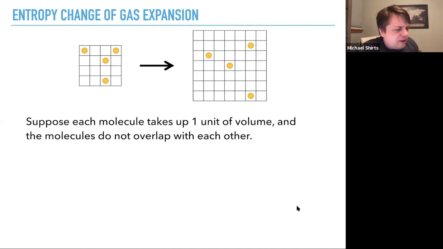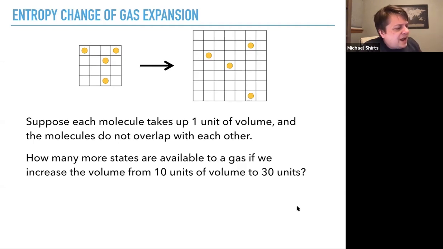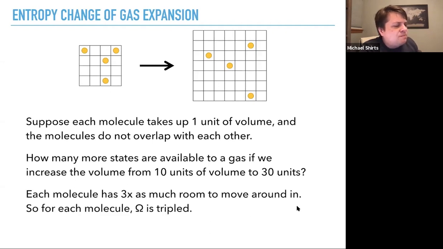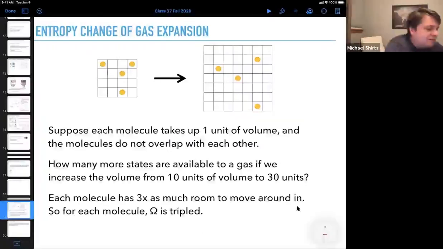Each molecule takes up 1 unit in volume. How many states are available if we increase the volume from 1 unit to 3 units? Each molecule has 3 times as much room to move around as it did before, so for each molecule the density of states is tripled. Each molecule moves independently, so we have a density of states for particle 1, particle 2, and particle 3.